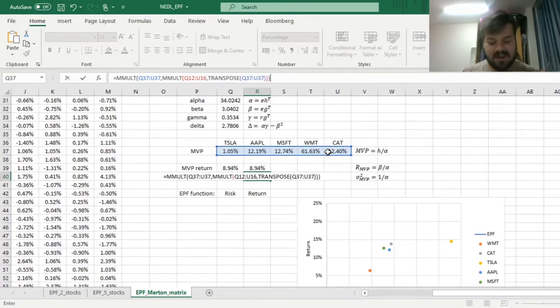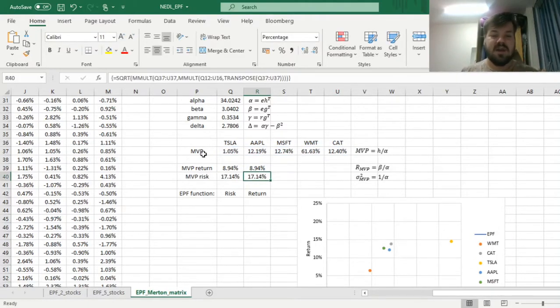And if you close the parentheses correctly, enforce this formula using Shift-Control-Enter, you will get the variance of this portfolio. But we need the standard deviation, the volatility, so we'll just type in the square root over here. And if we enforce this formula, we get exactly 17.14%.